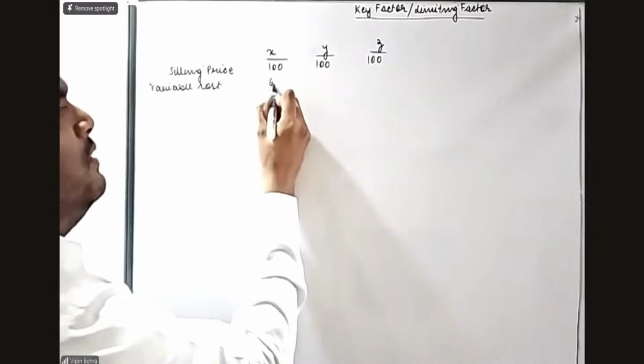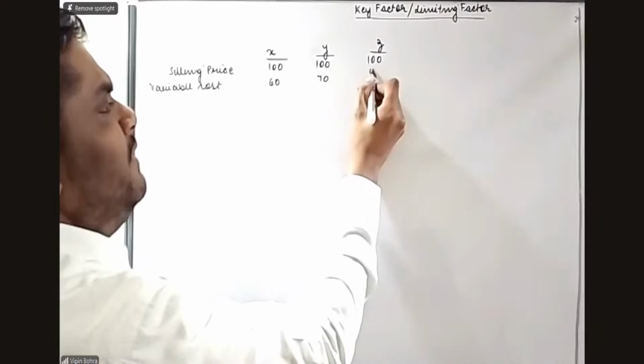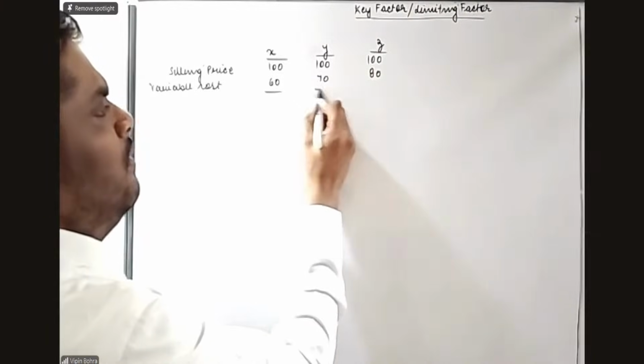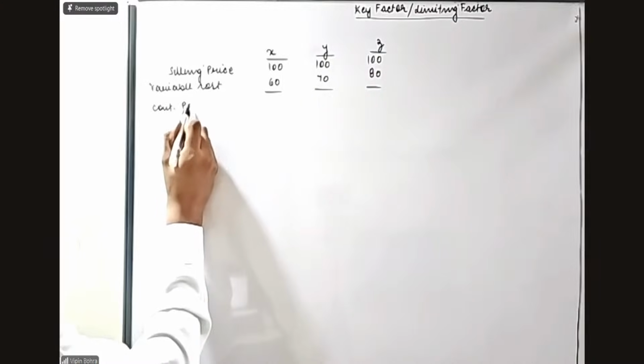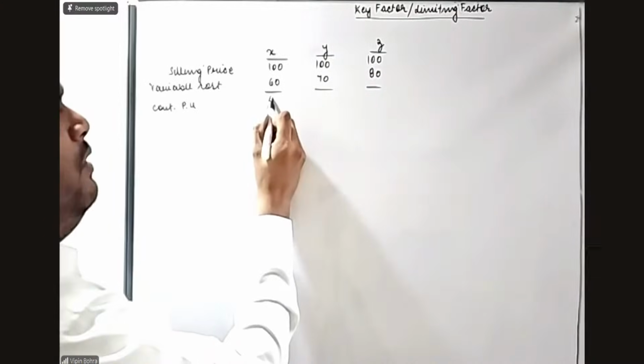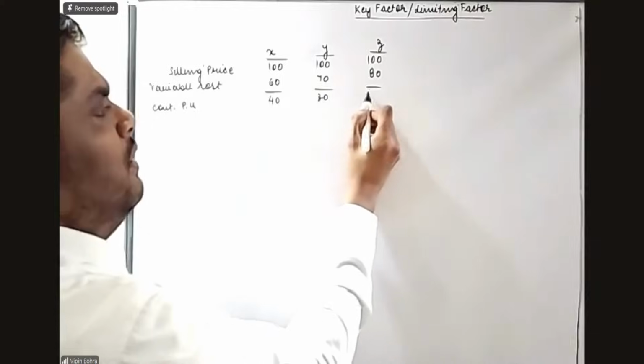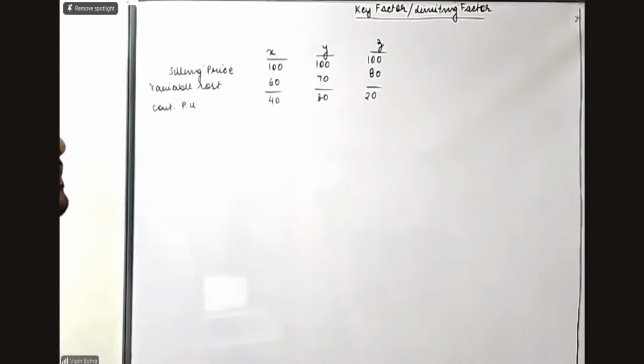Let's say my variable cost is 60, 70, and 80. So my contribution per unit will be 40, 30, and 20.